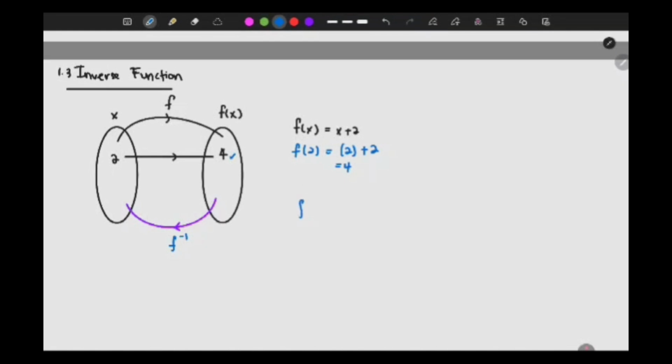How? Very easy concept. You just have to let y. Remember, to find any inverse function, let y equal the function. Just say function, because it could be fx, gx, hx.